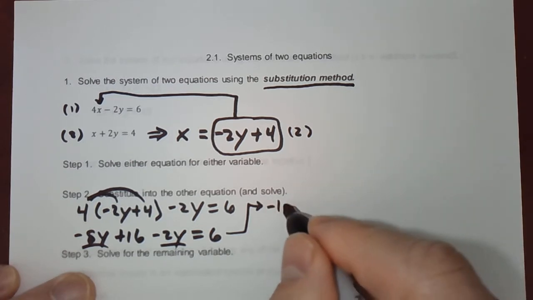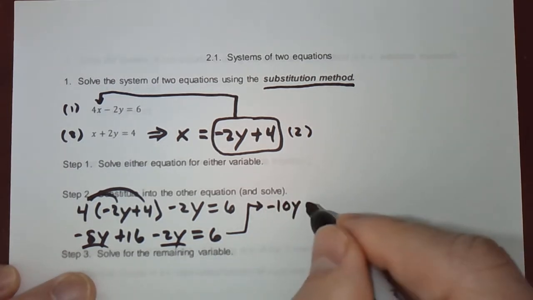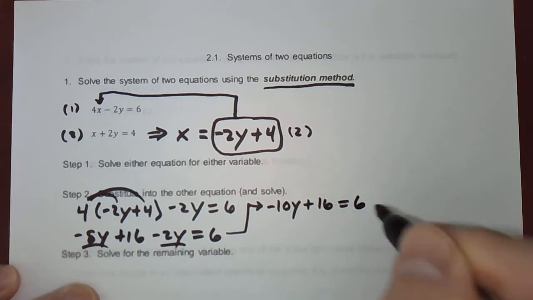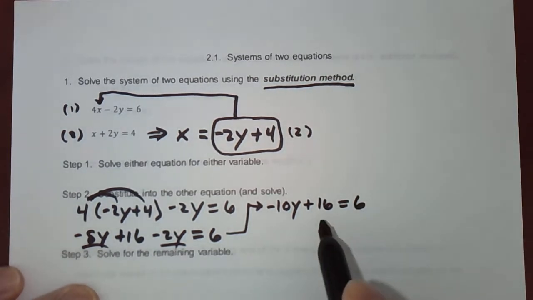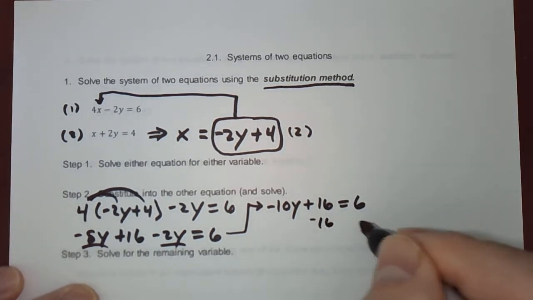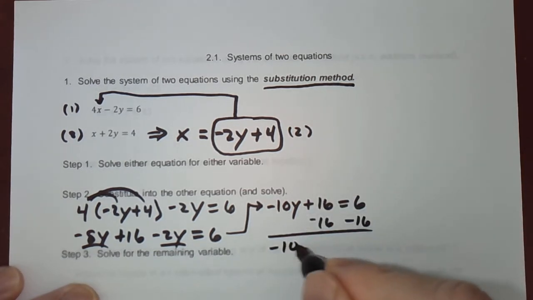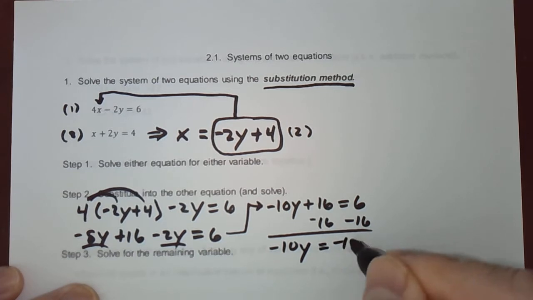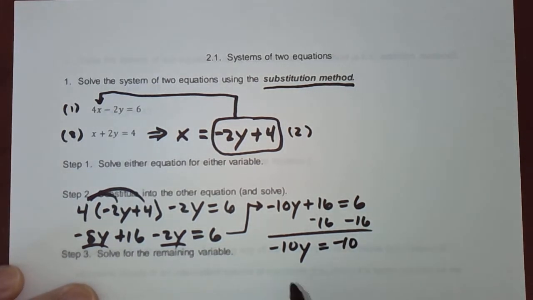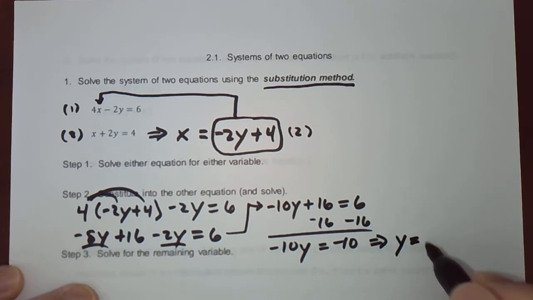Negative 10y plus 16 equals 6. So when I subtract 16 from both sides, that gives me negative 10y equals negative 10. And then dividing both sides by negative 10, we can see that y is equal to 1.